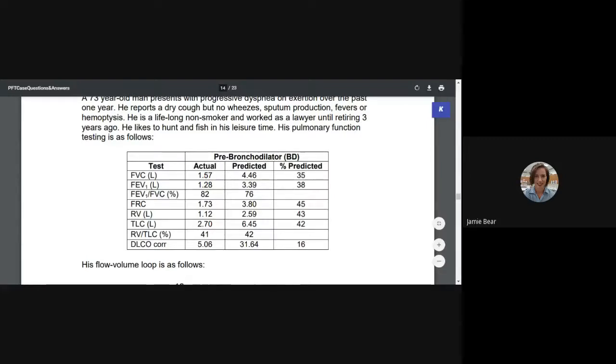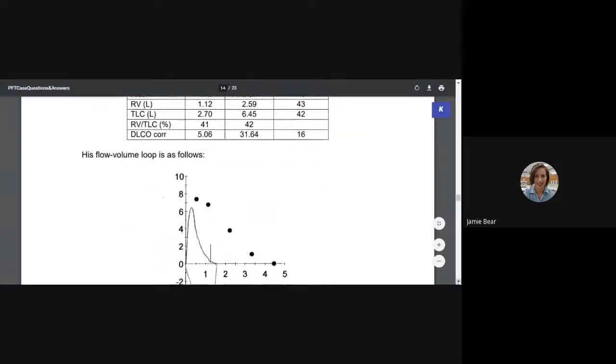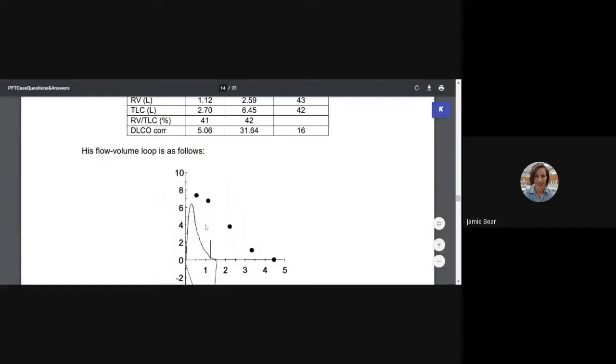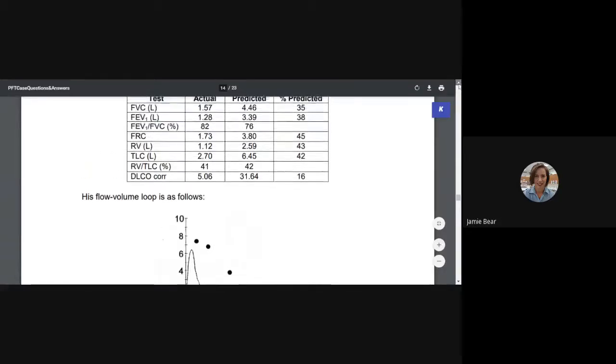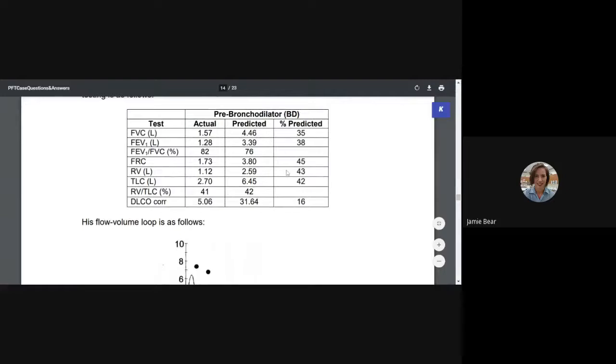So with this significant decrease, we'll look at his flow volume loop, and you can see that pinched in, or squeezed in appearance, along with the lung volumes and capacities being lower than predicted. And then finally, this gentleman has an impaired diffusion capacity.